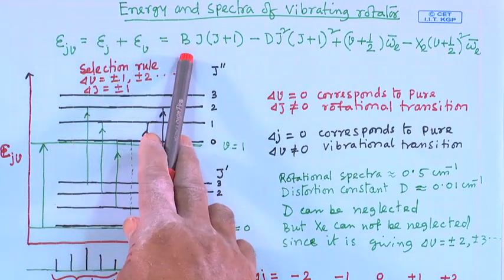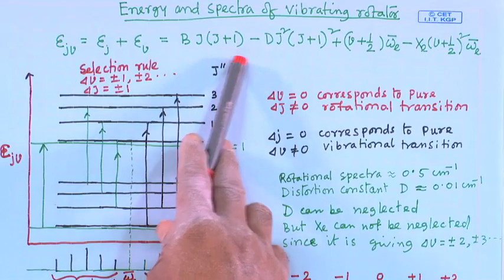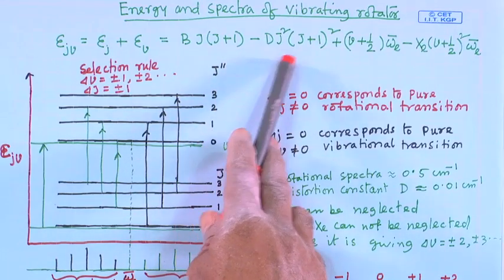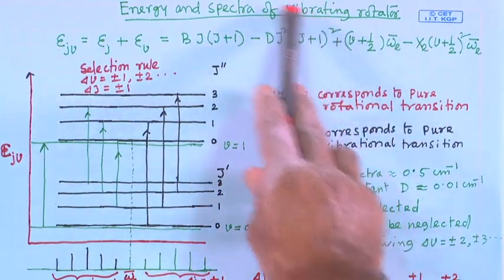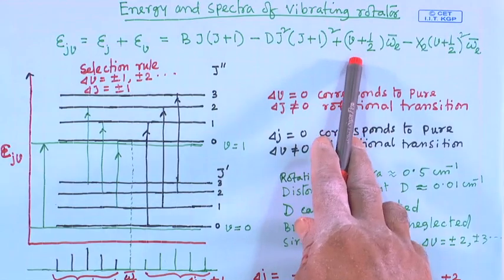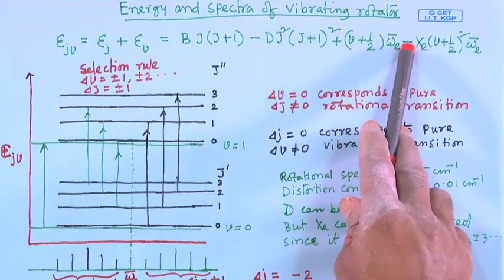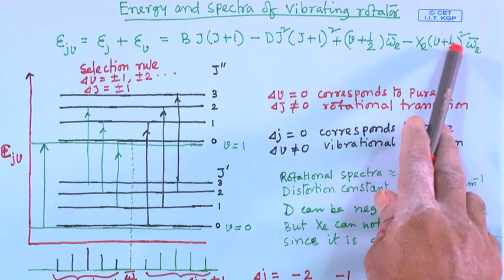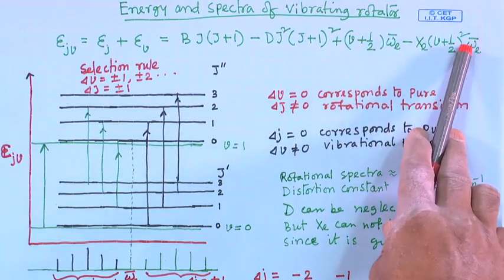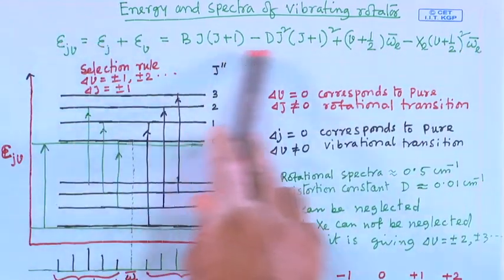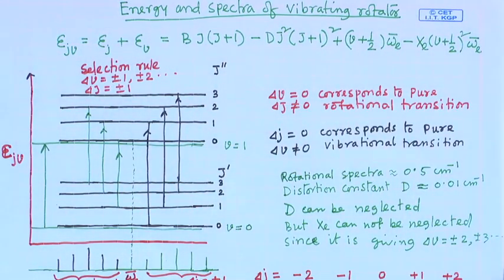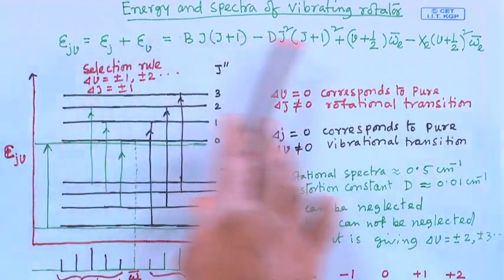Rotational energy we know, B J into J plus 1 minus D J square into J plus 1 whole square, and vibration energy, V plus half omega e bar minus x e V plus half square omega e bar. So, these are now the total energy for the vibrating rotator. For vibrating rotators I now have the energy expression.